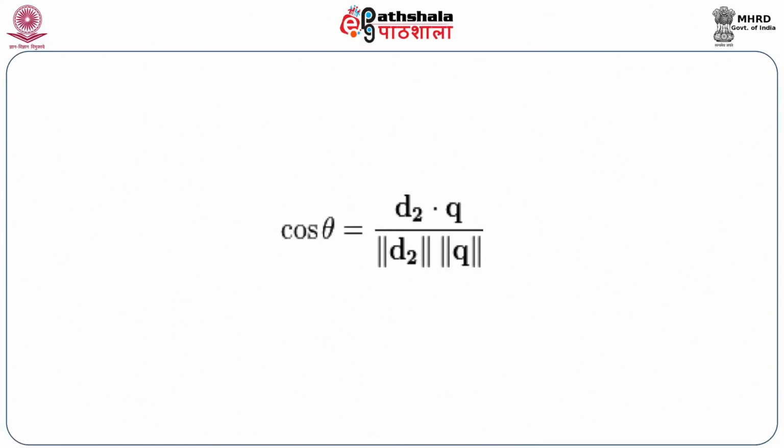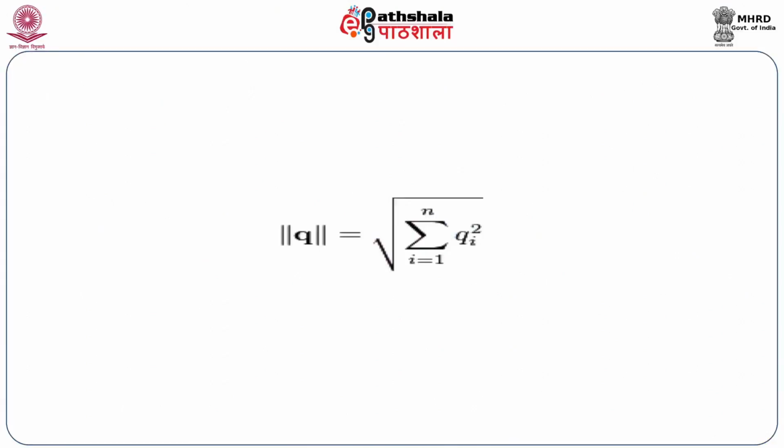The mod value of dj is also called the norm of the vector dj, and the norm of q can be calculated as the square root of the summation of q squared, for i from 1 to n. After doing the summation, we take the square root of it.